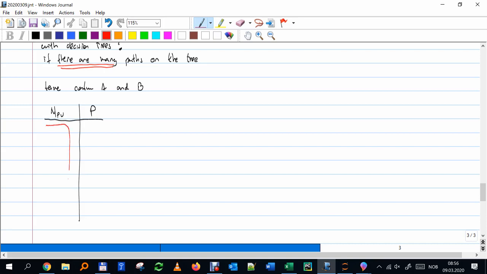Column A and column B. That will be step 1.